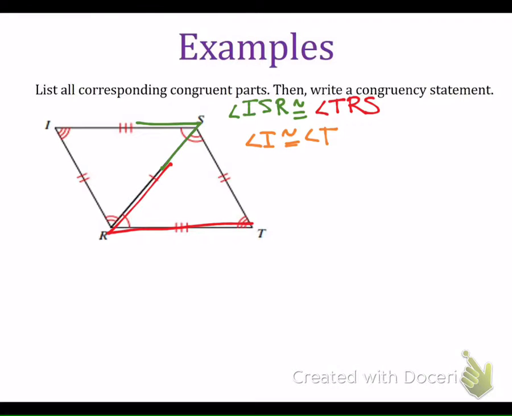All right? Now I got to do the last one. So from the first triangle, I'm going to go IRS. All right, so angle IRS. If I start out on I, then go to R, then go to S, I should start out on T, then go to S, then go to R. All right.